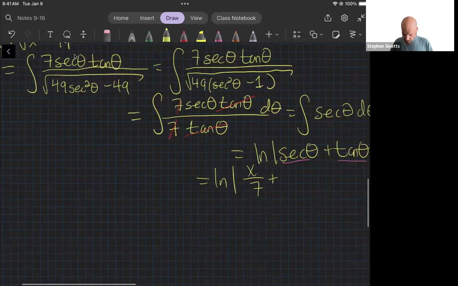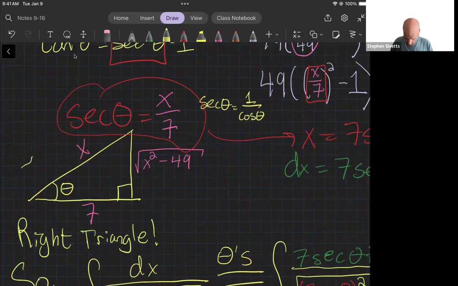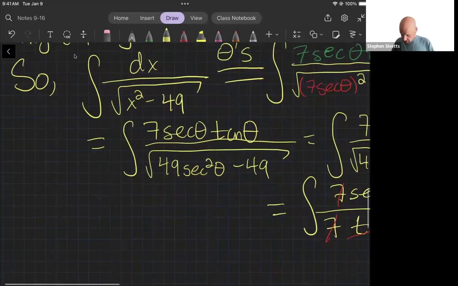Plus tangent of theta. So for tangent of theta, we go to our right triangle here. This is our right triangle. So tangent of theta is equal to the opposite side, which is the square root of x squared minus 49, divided by the adjacent side, 7.